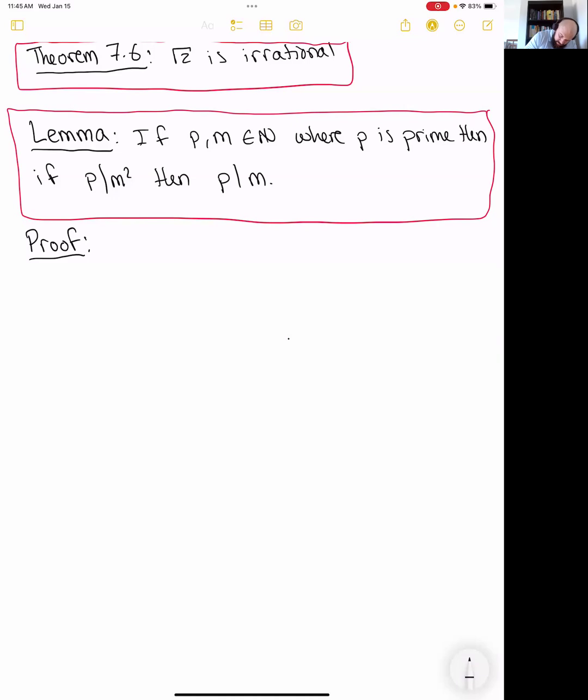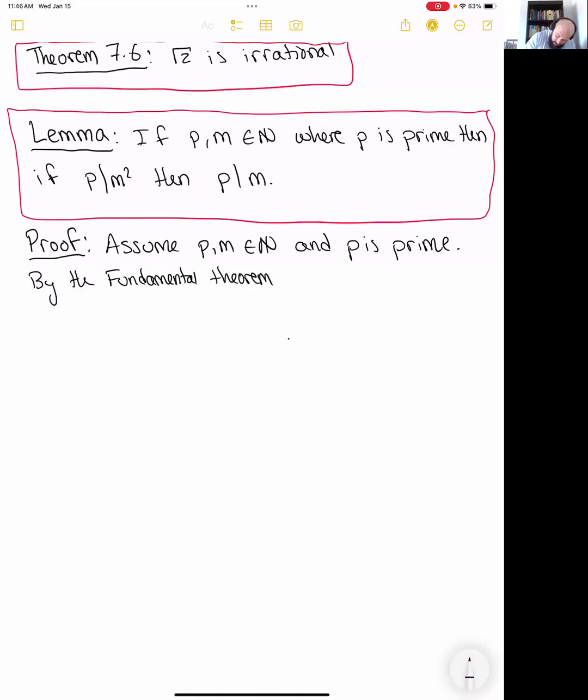So assume that P and M are natural numbers and P is prime. Okay, by the fundamental theorem of arithmetic, M equals Q1 Q2 up to Qk.